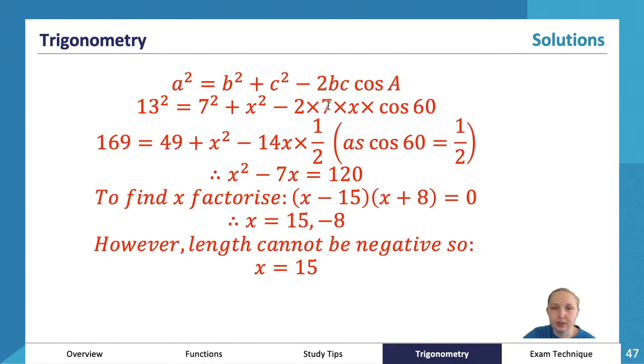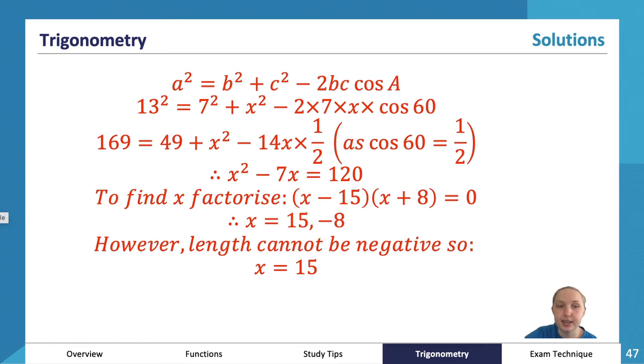Then 2 times 7 times x gives you the 14x times the half. So once you've done that, if you subtract that 49 across, and then multiply the 14x by the half, you'll get x squared minus 7x equals 120, which is the first thing that they've asked you to find.